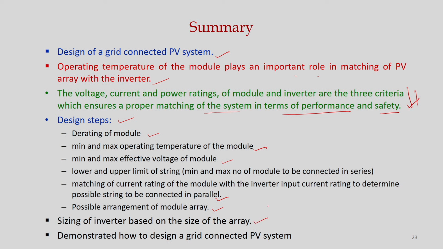We understood that, and also we have demonstrated how to design a grid connected PV system.